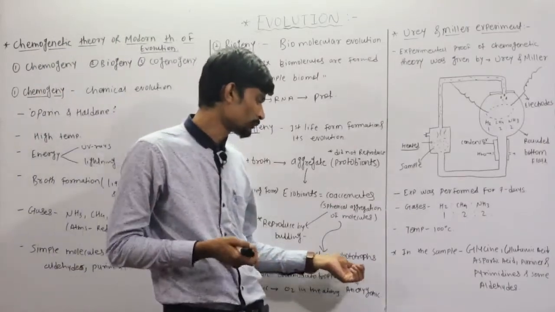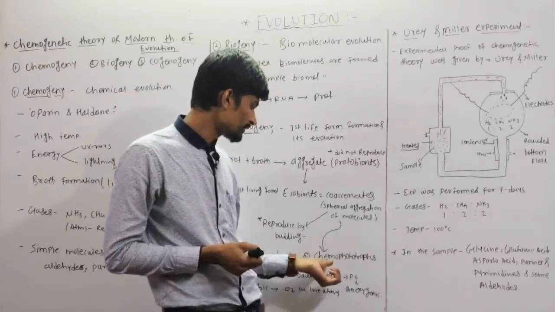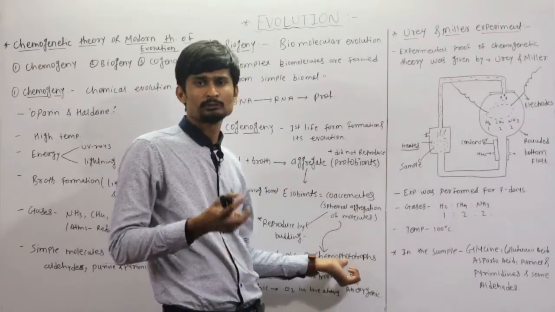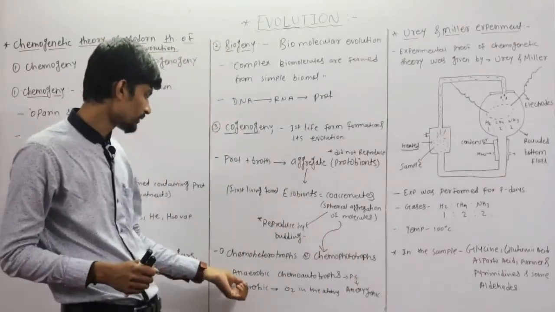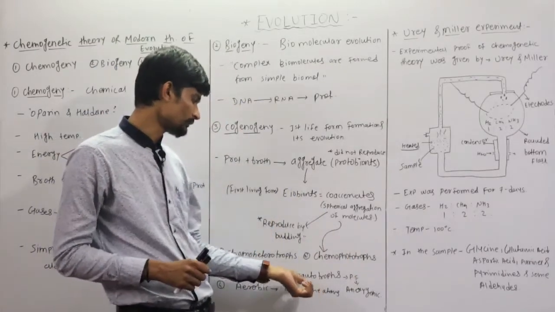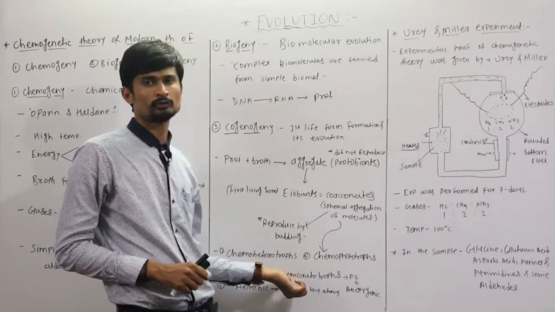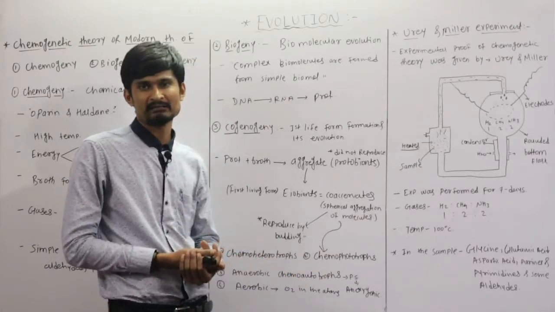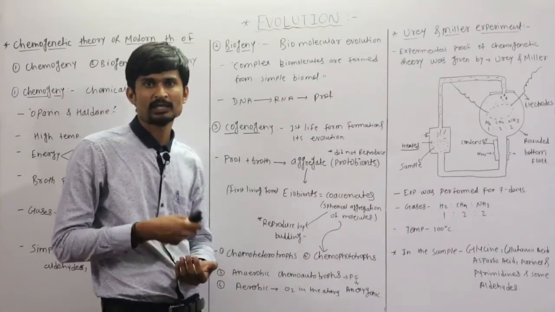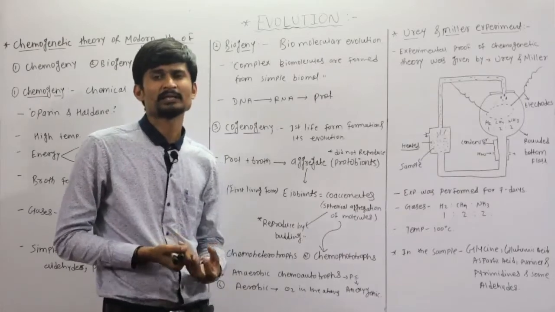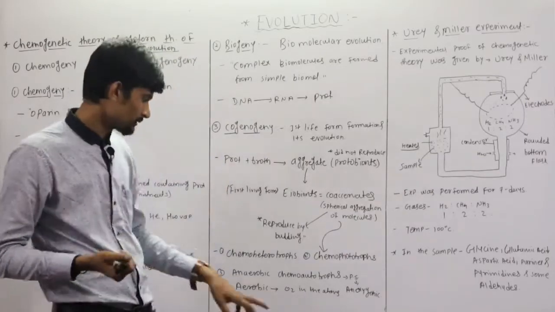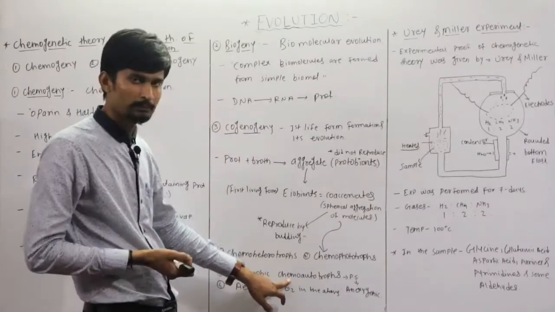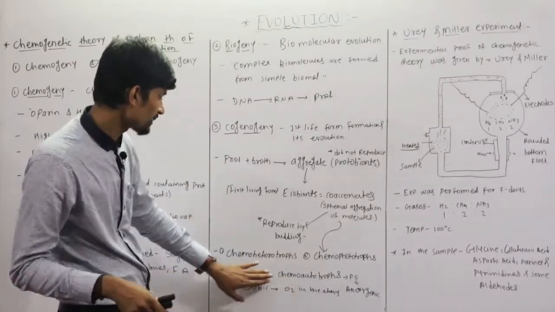Then the chemophototrophs, meaning again they use the chemicals and the light to obtain energy. Then they evolved into the anaerobic chemoautotrophs. Now they become autotrophs, chemoautotrophs like the sulfur bacteria, hydrogen sulfide bacteria. This bacteria gets the hydrogen from hydrogen sulfide. So that is the chemoautotrophs.